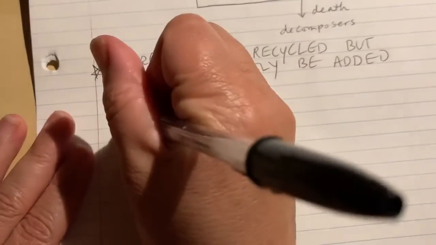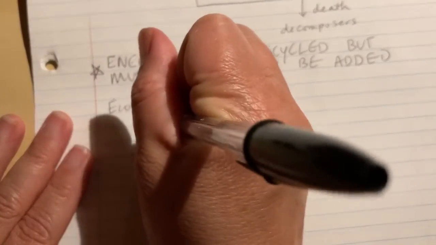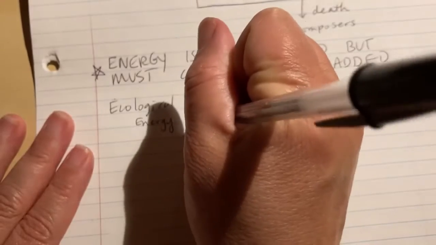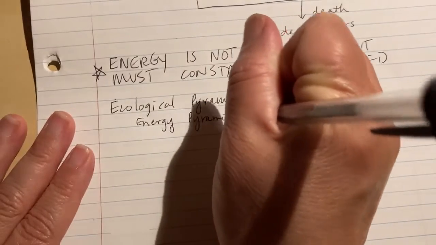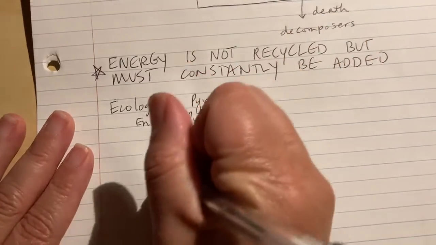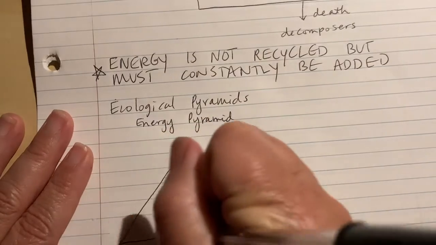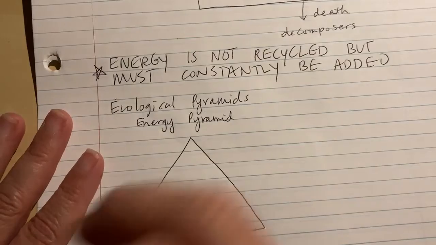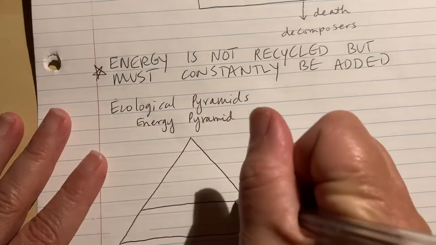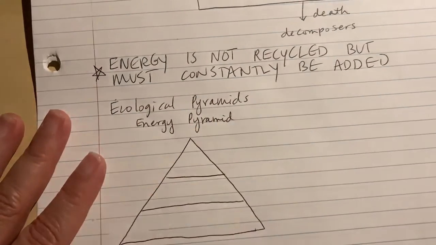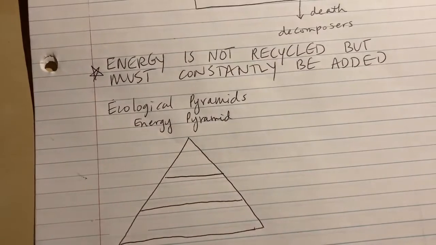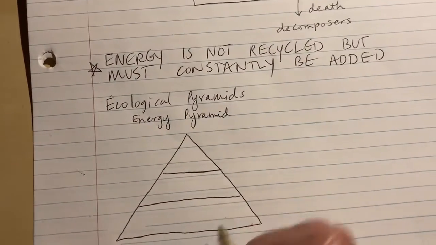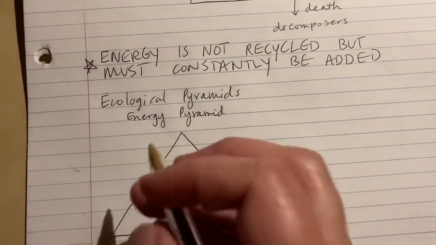So the first one that we did an activity about was the food chain game, and we did a little thing with the energy pyramid. Okay, so an energy pyramid shows us the amount of energy that's stored at each level in an ecosystem, and it's always going to have a pyramid shape like this, where the base is way bigger than the other levels.